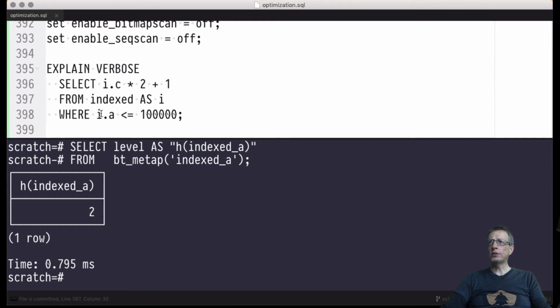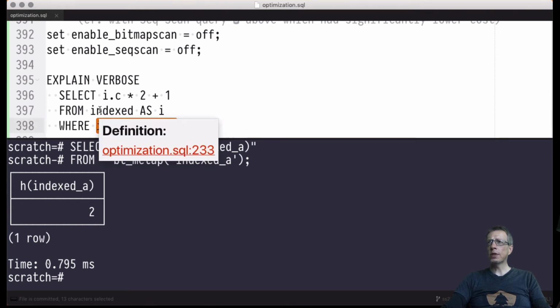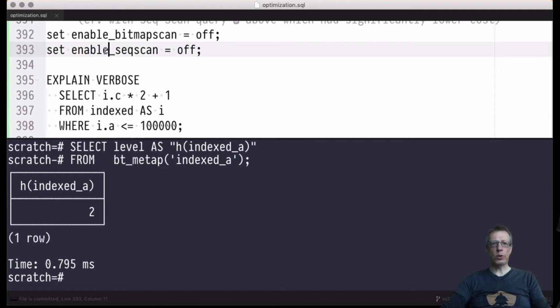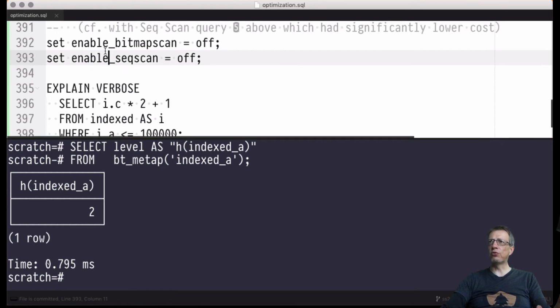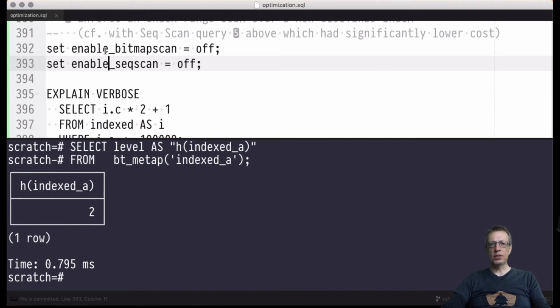This is indeed a predicate that should be very well supported by a B+tree index. And to make sure that particular B+tree is actually being used, we will disable sequential scan for now. So this enforces index scan over an unclustered index.